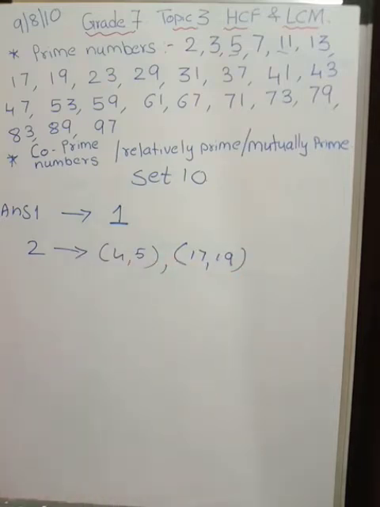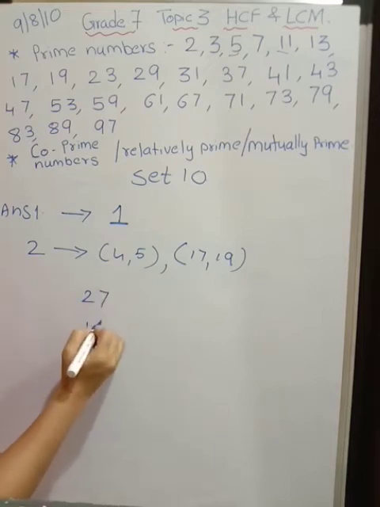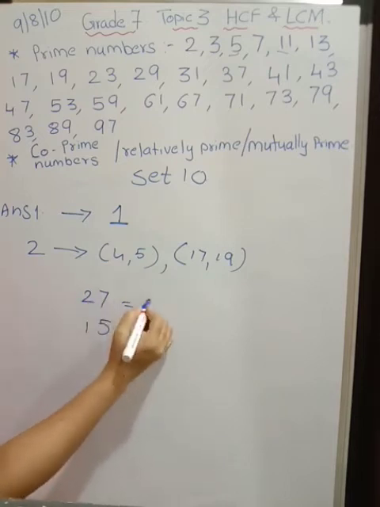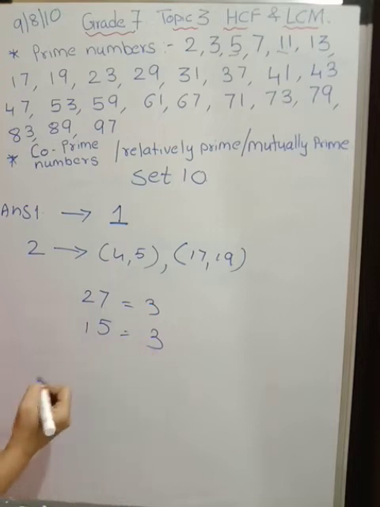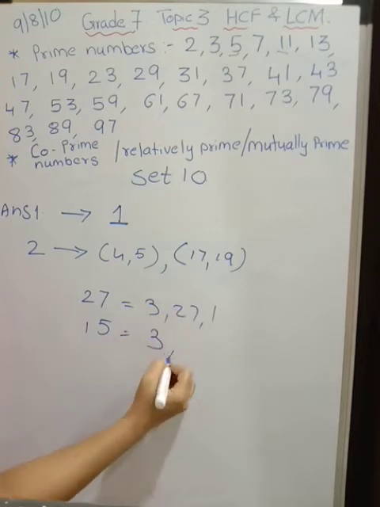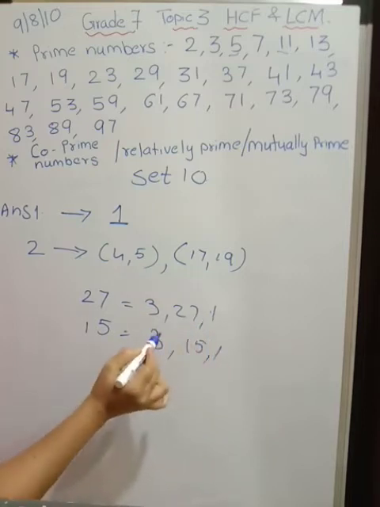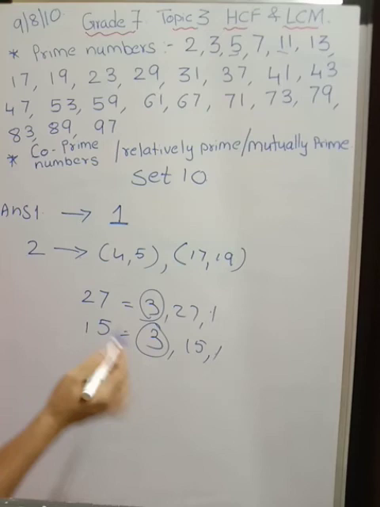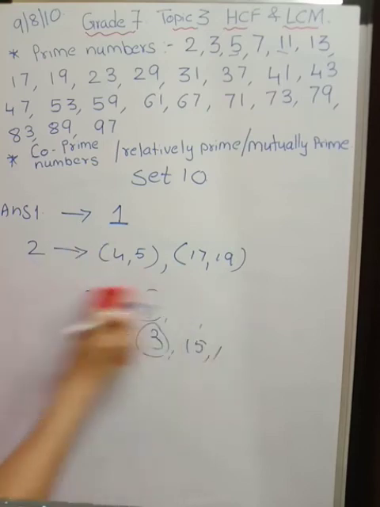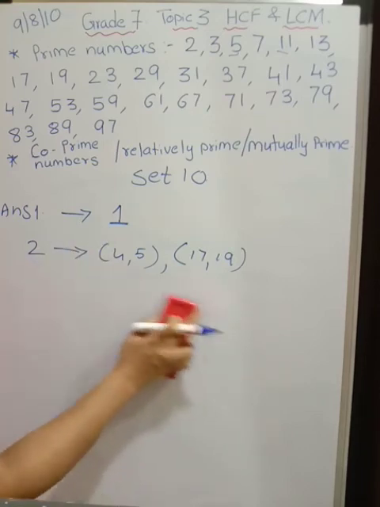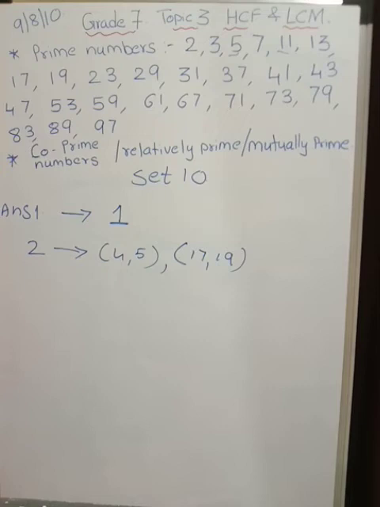Another is 27 and 15. Without knowing, 3 is common to both of them. Other factors are also there obviously, but I am stopping here itself. Why? Because apart from 1, 3 is a common factor between them, so they can't be co-prime. So your second answer has 2 pairs, 4, 5 and 17 and 19.